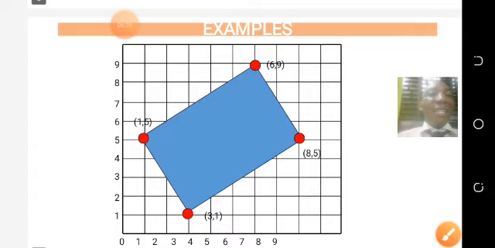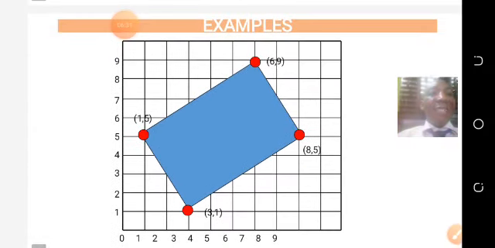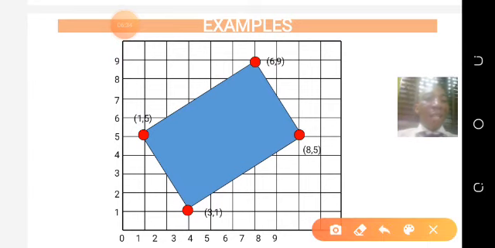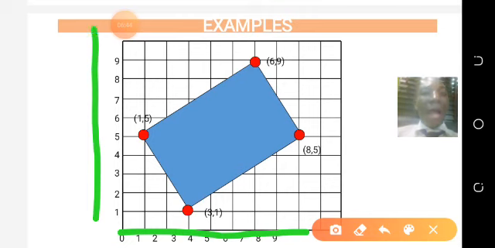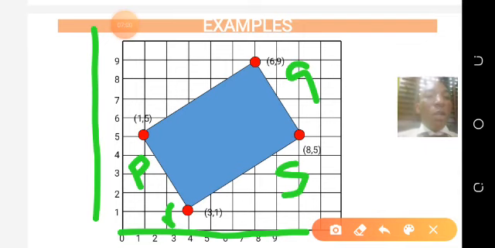Let's see this example now. We have this as our x-axis and this as our y-axis. You can see the numbers. The first one, let me call it coordinate P, coordinate Q, coordinate R, and coordinate S. Coordinate P is (1, 5).